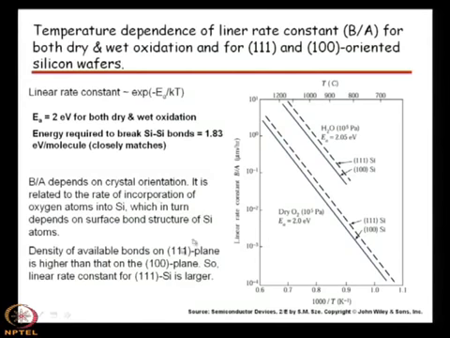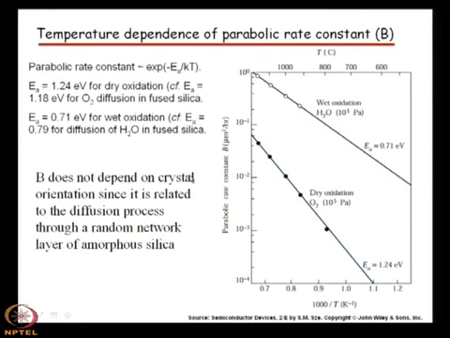In the linear rate constant we have seen that the crystal orientation has a profound effect. However, the parabolic rate constant does not depend on crystal orientation. Why? Because it is related to the diffusion process through a random network layer of amorphous silica.